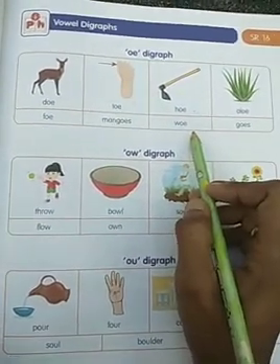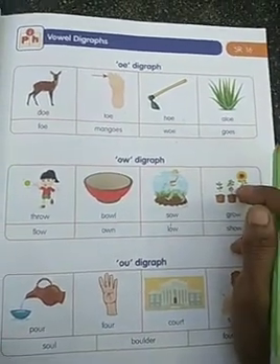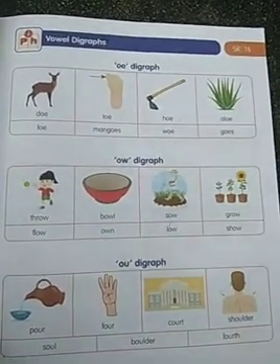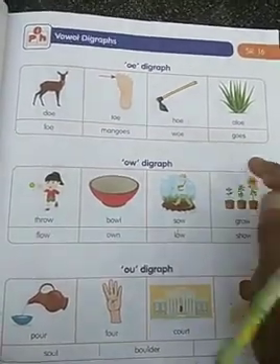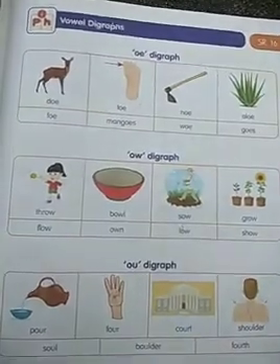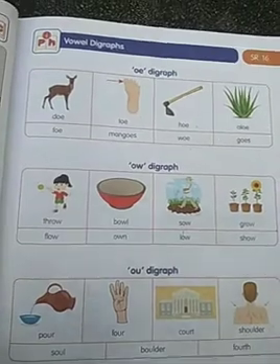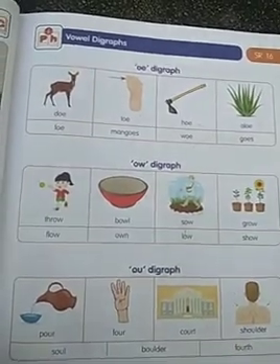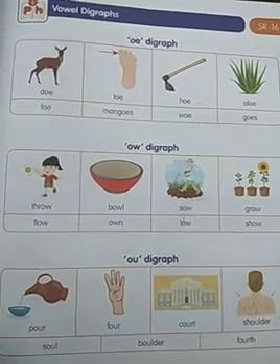Next, goes. Somebody is going. He goes. Okay, children, so OE we learned. Can you say some other words with the OE digraph?